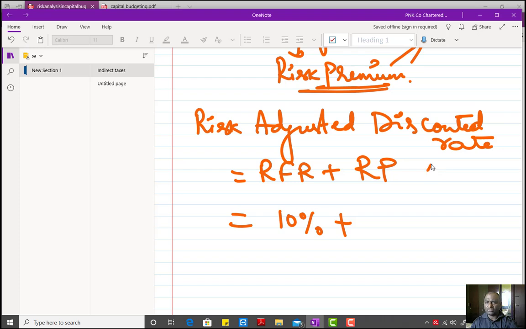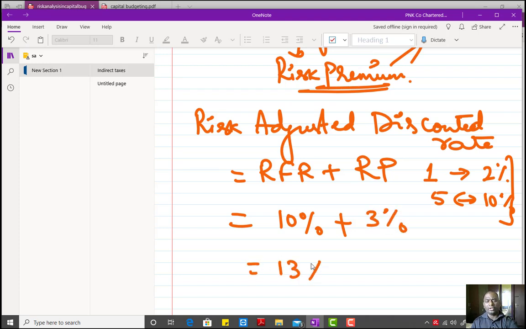If the risk is 1% to 10%, let's say the premium is 2%; if the risk is 5%, that is 50%, then it will become a 10% risk premium. You do not need to work out how to calculate the risk premium, because they will not ask you to. That is not your job. The risk premium will be given in the examination. Let's say the risk premium is 3%, so the risk adjusted discount rate is 13%. All you need to know is what we mean by risk adjusted discount rate. A risk adjusted discount rate is nothing but the risk free rate plus the risk premium. Now what is this risk adjusted discount rate?